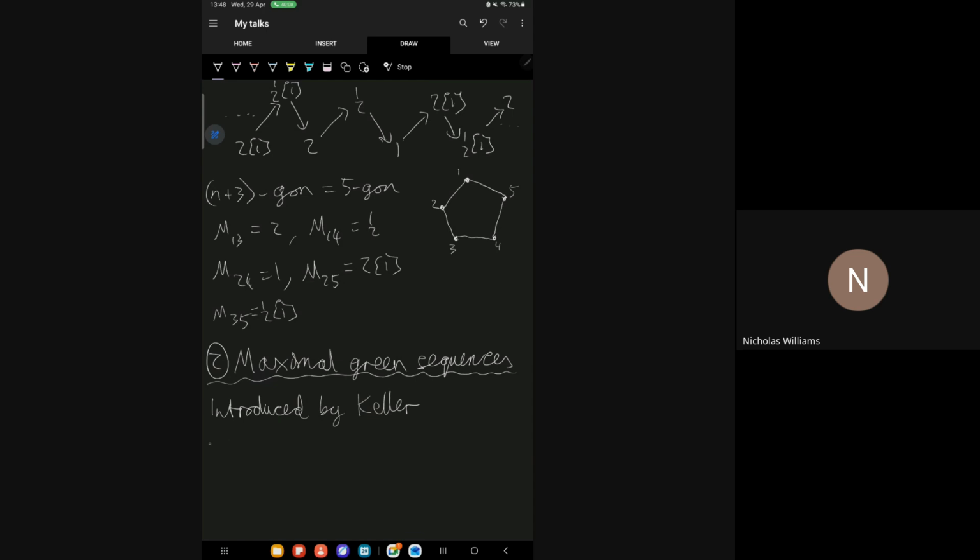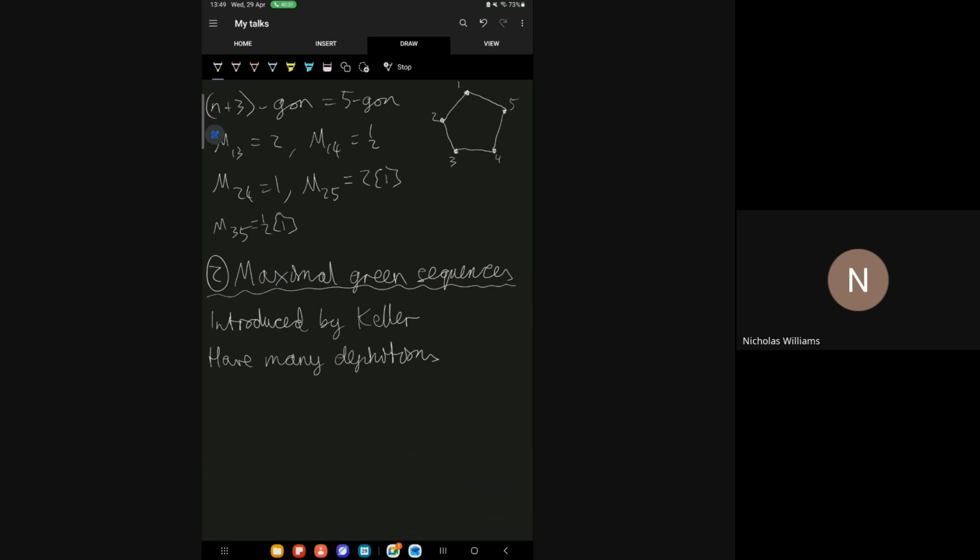And yeah, they moreover have many definitions. The definition I'm going to present today is a little different to the usual definition, but it's the most useful one for my purposes.